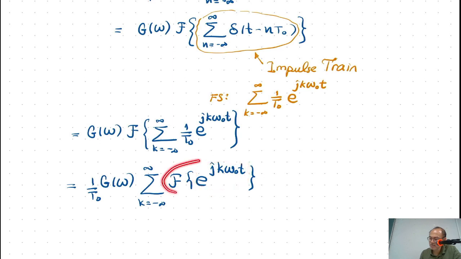Every time I multiply a signal with a complex exponential, I'm shifting the frequency of that signal by this amount. So the Fourier transform of this guy would be delta, because the Fourier transform of 1 is delta, but now delta shifted by the frequency k omega 0. So this would be omega minus k omega 0. This comes from the Fourier transform of 1. Actually, we have 2 pi.